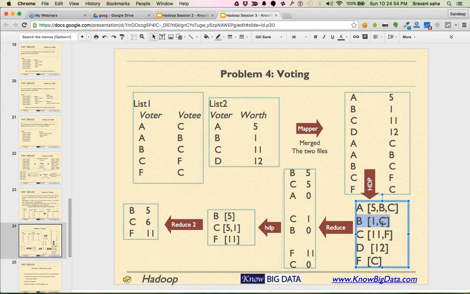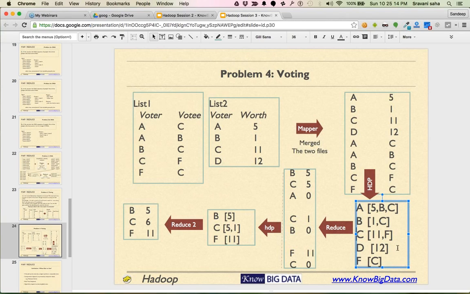Similarly, B has voted for C and B's worth is 1, so C's vote count is added by 1 and B's vote count is added by 0.